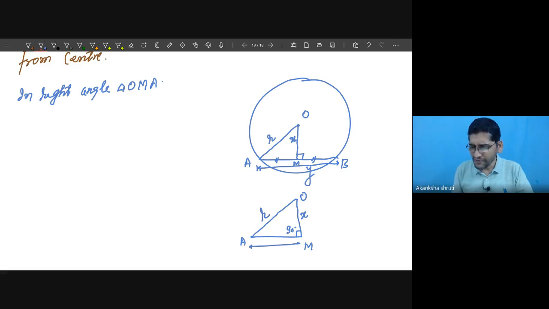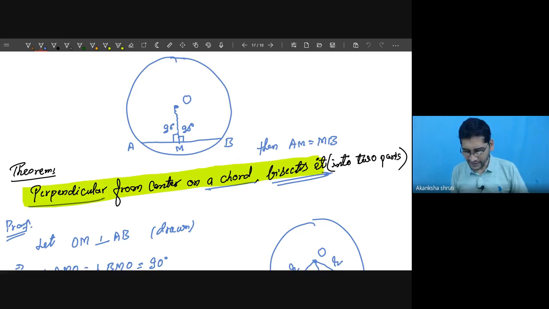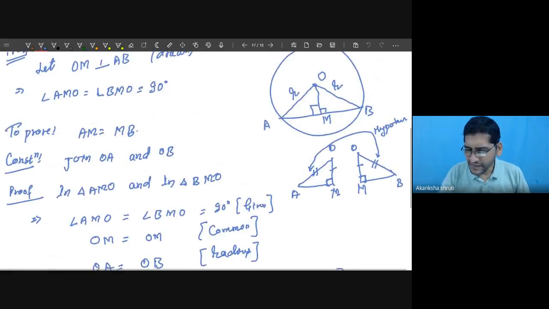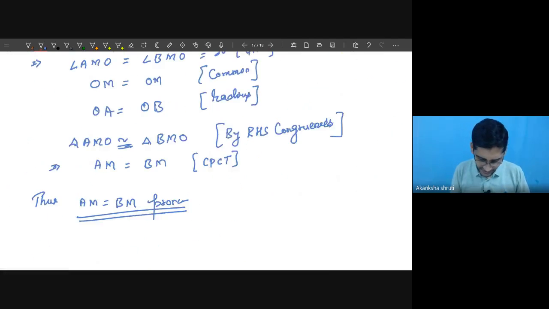Whatever we have proved right now, AM is equal to MB, and AB is the complete length. So AM is equal to BM, which is half of AB.